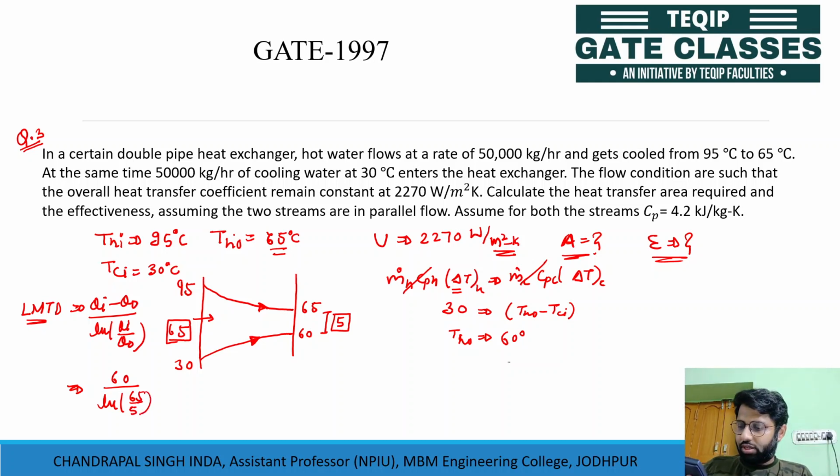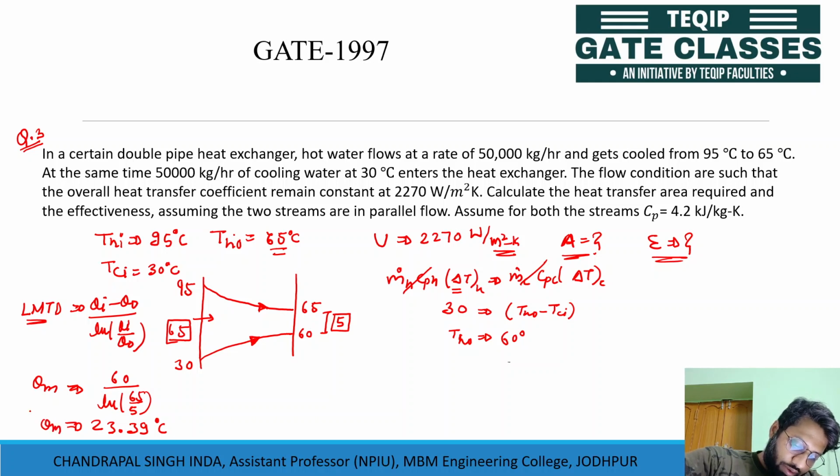The Ln 65 by 5 is equal to 2.57, so 60 divided by 2.57. So we will have the theta mean temperature difference, theta mean, equal to 23.39 degree centigrade.